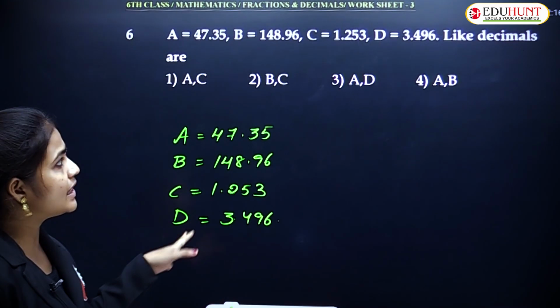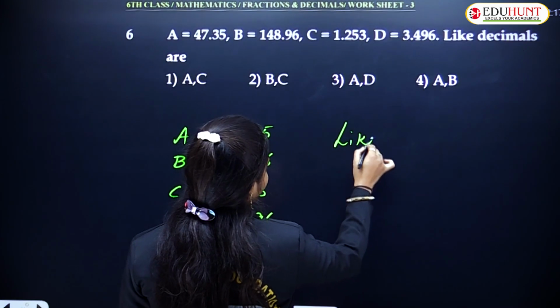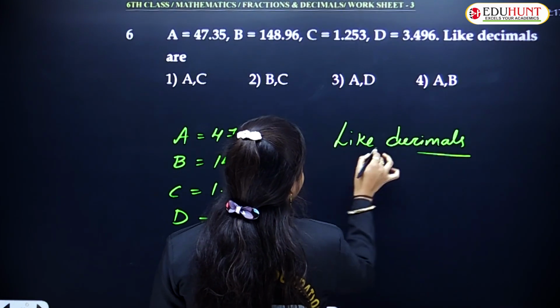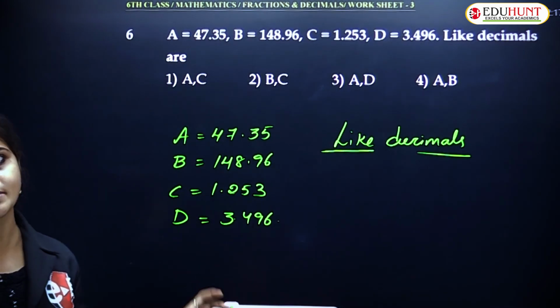As per this one, what they are asking, like decimals we need to find out. So like decimals means what here? Having the same number of decimal places.